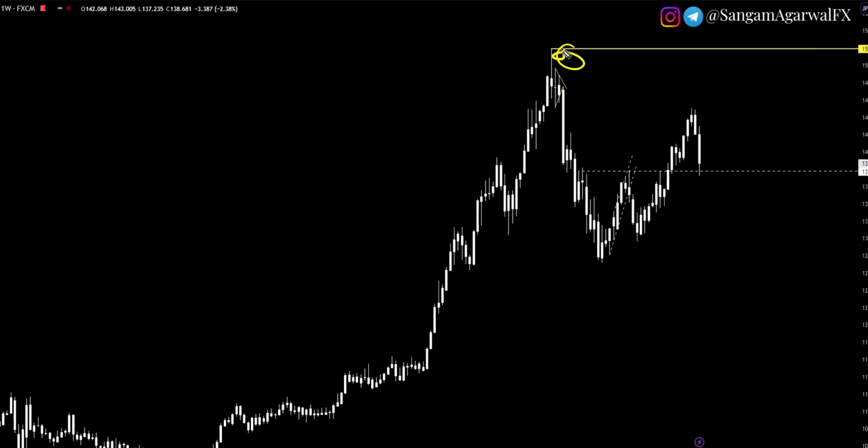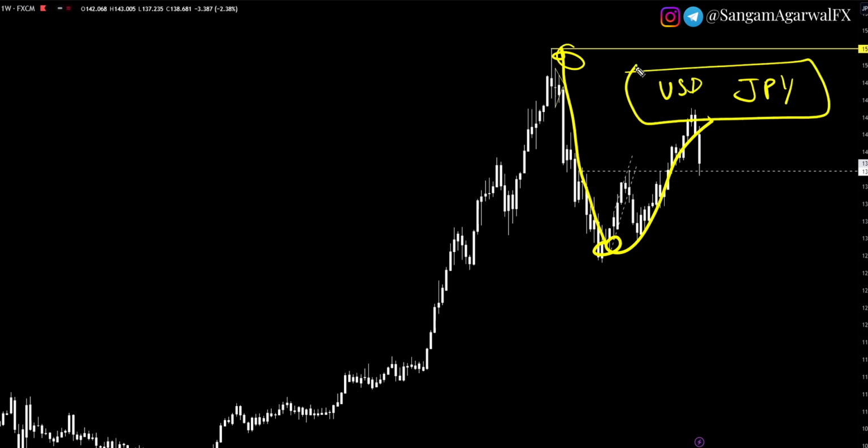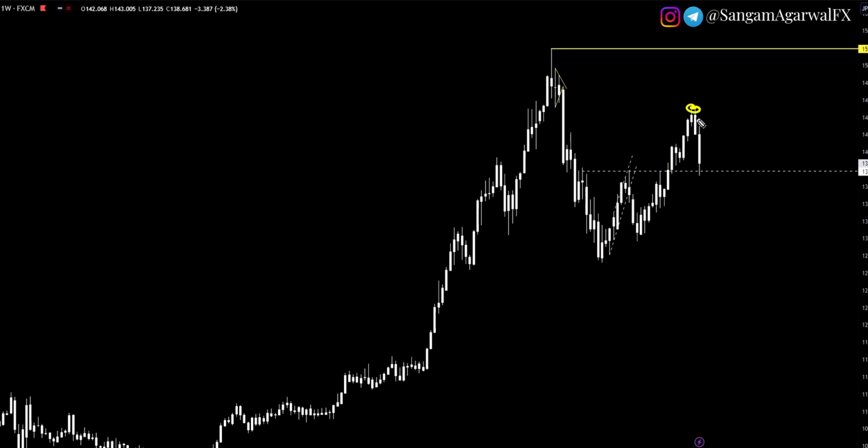Then USD JPY weekly time frame. You can trade any JPY pair, but I will say the main one is USD JPY. This is the same as trading GBPUSD during Brexit, because at that time the crowd was trading all GBP pairs. So this is the same, your main is the USD JPY pair.